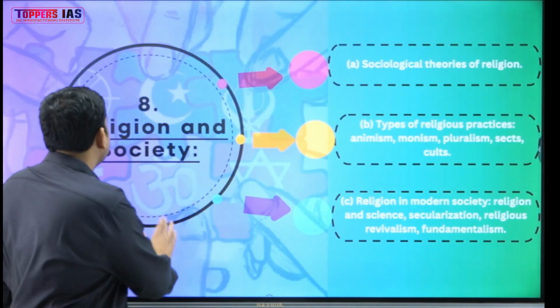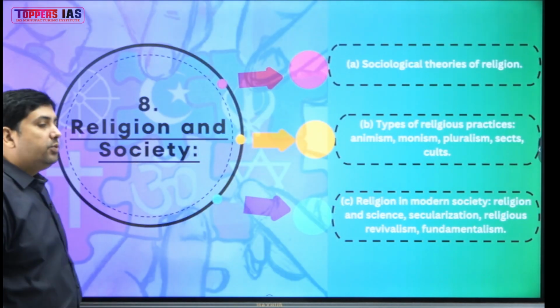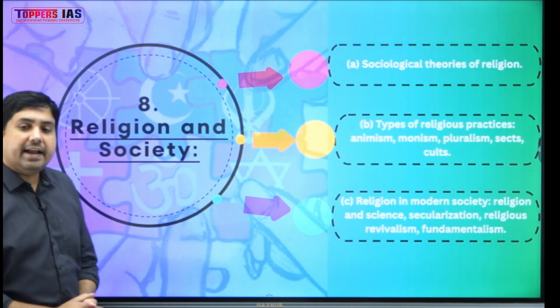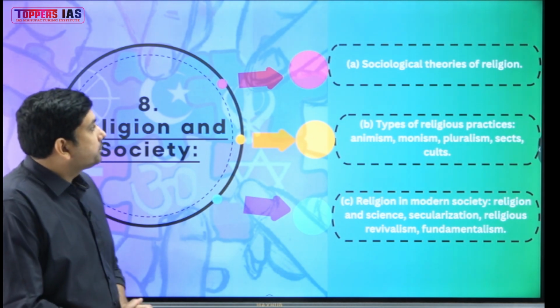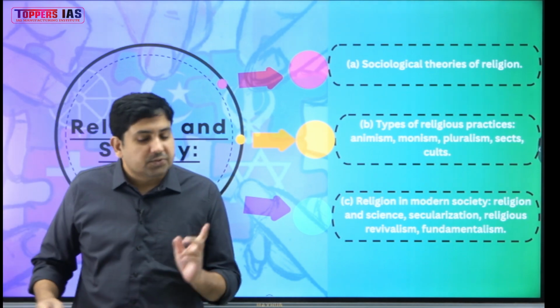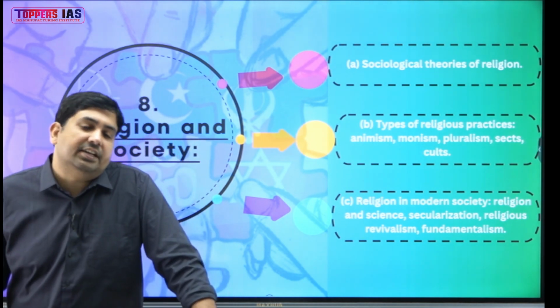Then next comes Unit 8, Religion and Society. It starts with the sociological theory of religion.